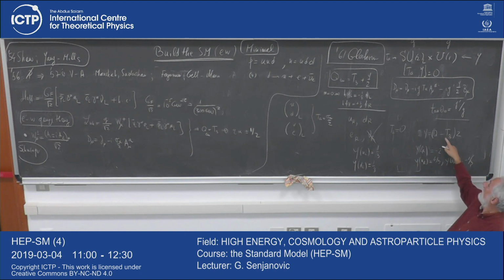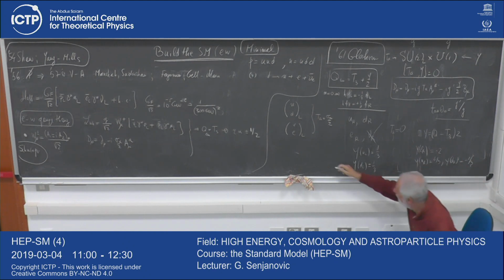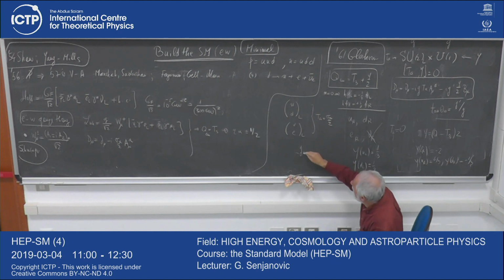The sum of the hypercharges will be equal to the sum of the charges because T3 cancels in a multiplet. So in other words, if you have y1 plus y2 in a doublet, which is 2y of a doublet, is equal to q1 plus q2 from that formula. This is the formula to remember in a doublet.